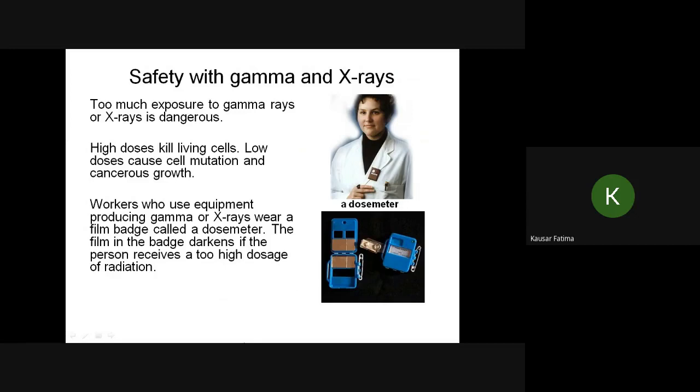The amount of damage which is caused by these radiations depends upon what quantity of radiation there was, what intensity there was, and for how long the person was exposed. All these factors affect the amount of dose which is absorbed by the person.